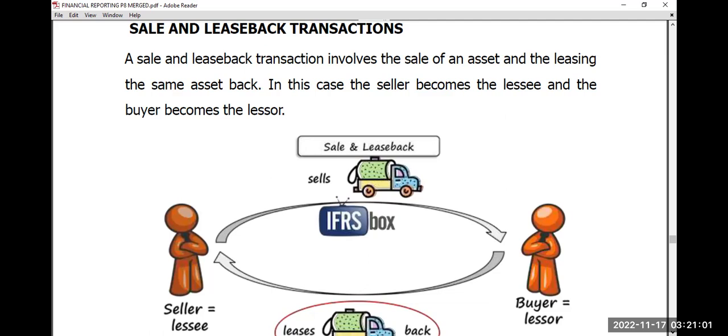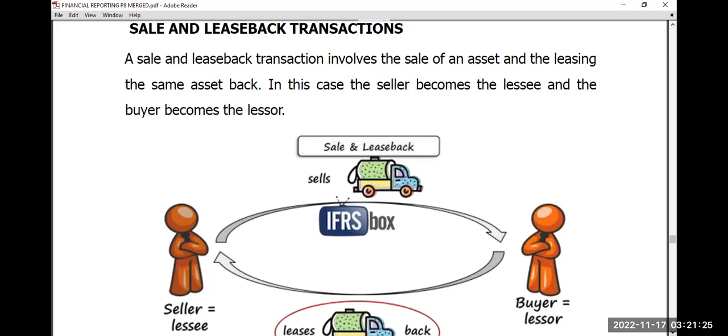One of the easiest ways you can look at it is with a simple example: a landlord selling out the house, and that very same person becomes a tenant of the same house he or she sold out.